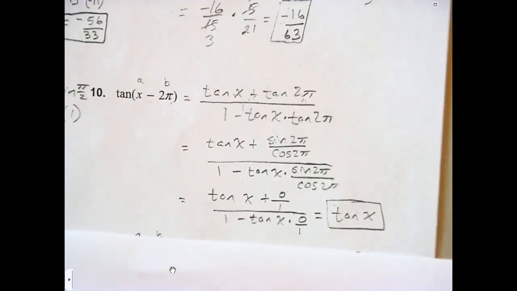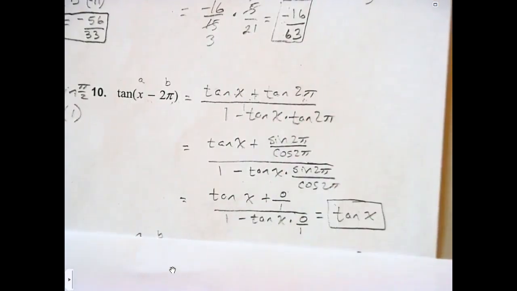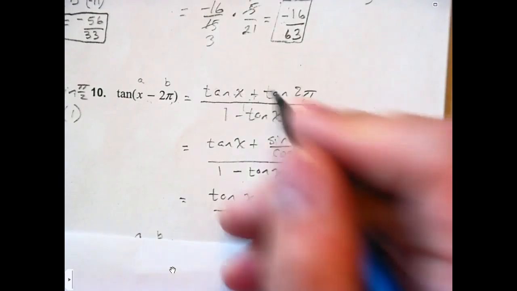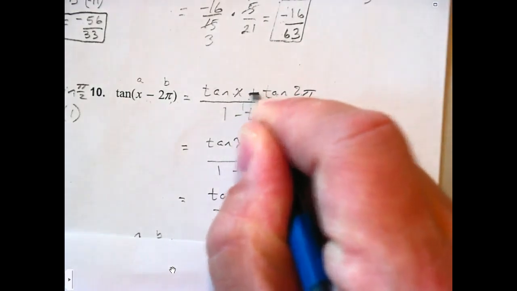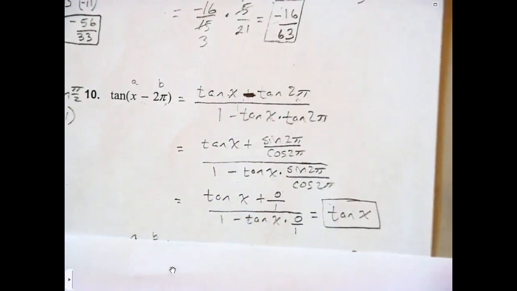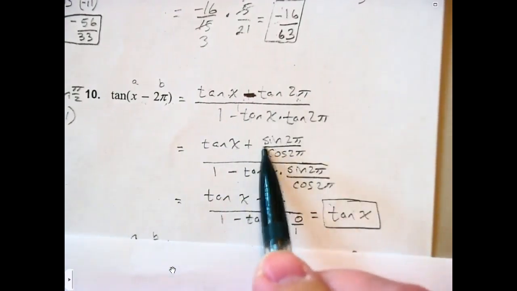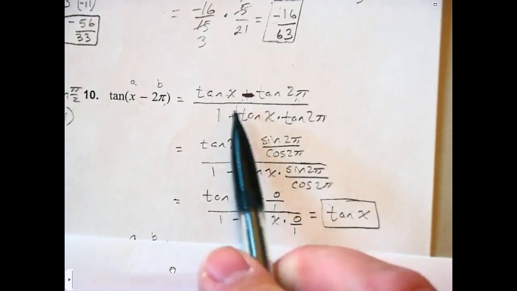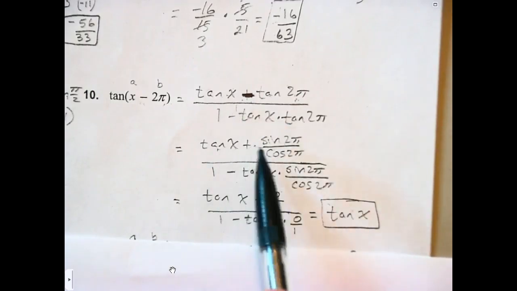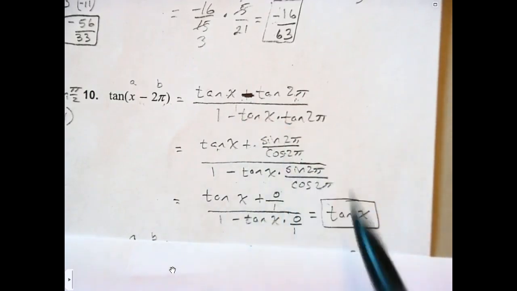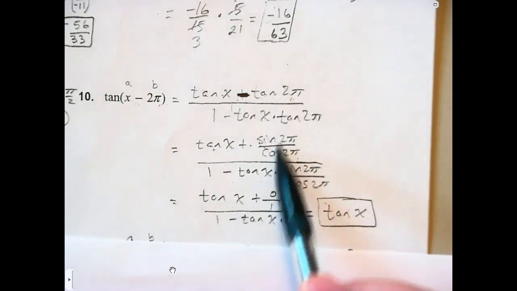It's unbelievable, having all kinds of technical errors here. Yeah, it should be a minus there. But as you process this and go, your tan x plus sine 2 pi and cosine 2 pi, this part ends up canceling to 0, right?